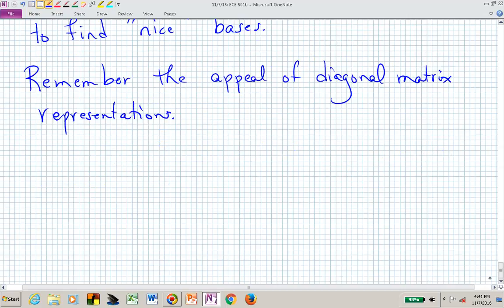What do we know about those diagonal elements if we do have a diagonal matrix? They're eigenvalues. And now we have this ability to say something about invariance of subspaces relative to diagonal matrix representations.